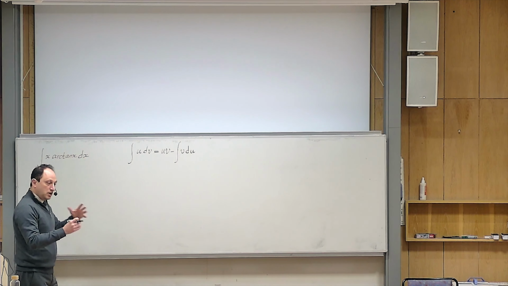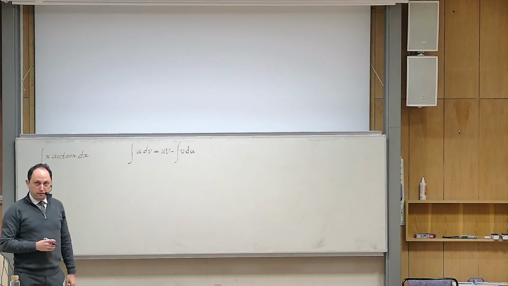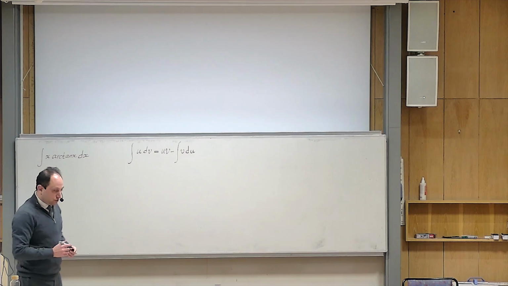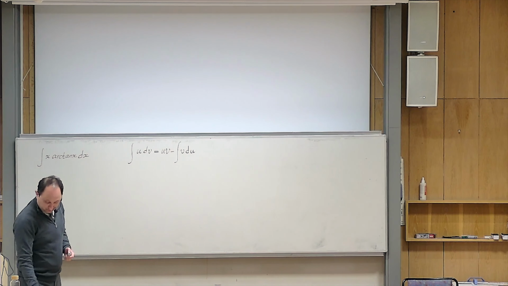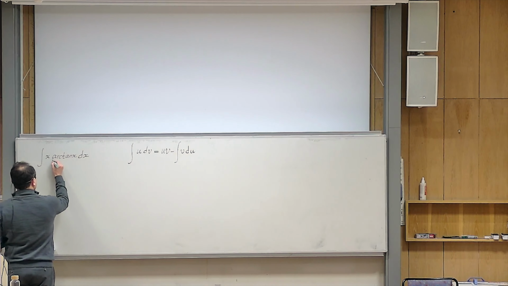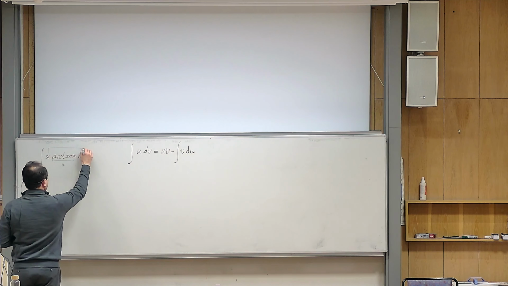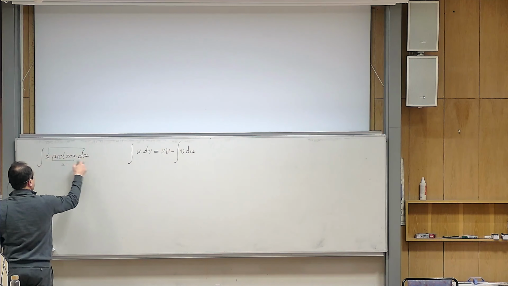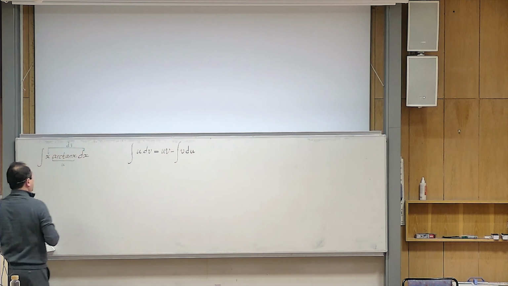Because of these considerations, this is not my first choice. My first choice would be like this: I will take this one to be u, and then the combination of these two, x times dx, I will call dv.